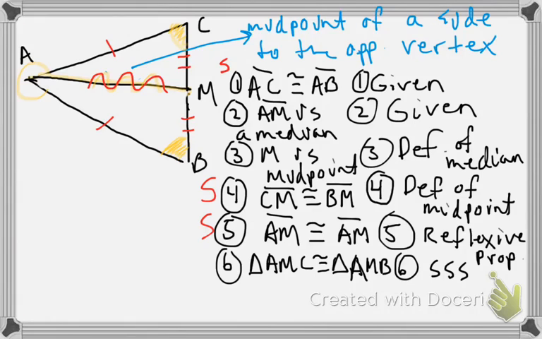And then we can say angle C, which is what we're trying to do, is congruent to angle B by CPCTC. In a sense, we've proven the base angles theorem, that if the triangle is isosceles, then the opposite angles from those two congruent sides are going to be congruent as well.